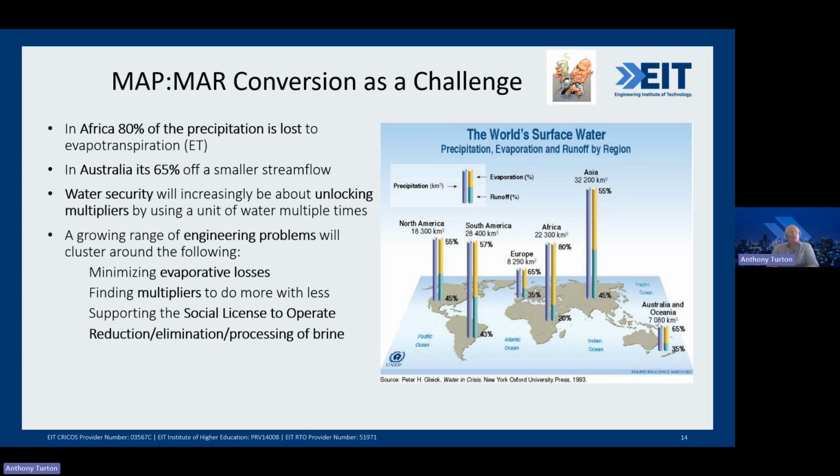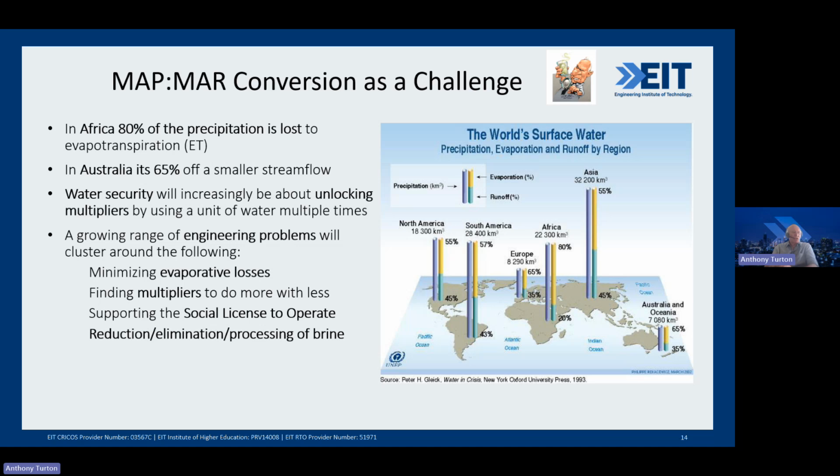But the second thing is how do we unlock multipliers? So if we take the African continental average of the 100 units of rain that fall out of the sky, only 20 units end up in the river. So there's a multiplier at work there. If we can store water in a way that it's not being lost to evaporation, there's a multiplier.